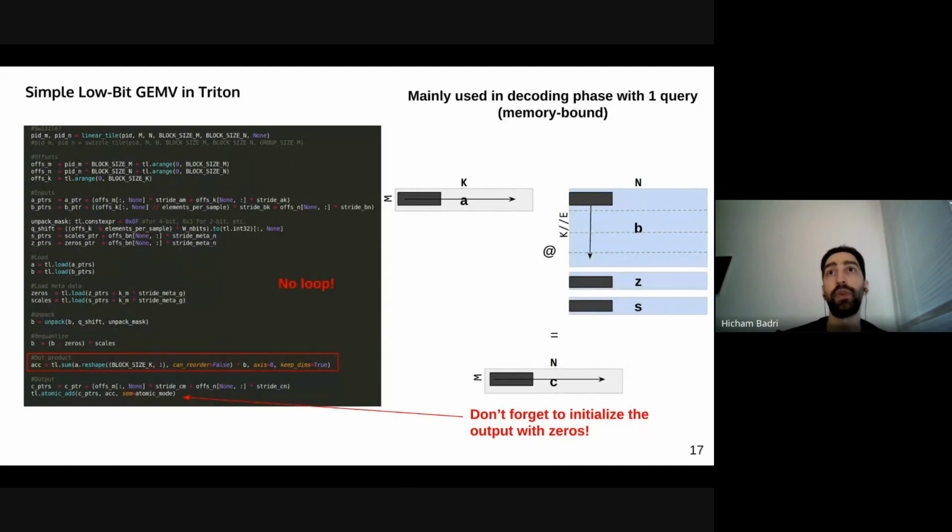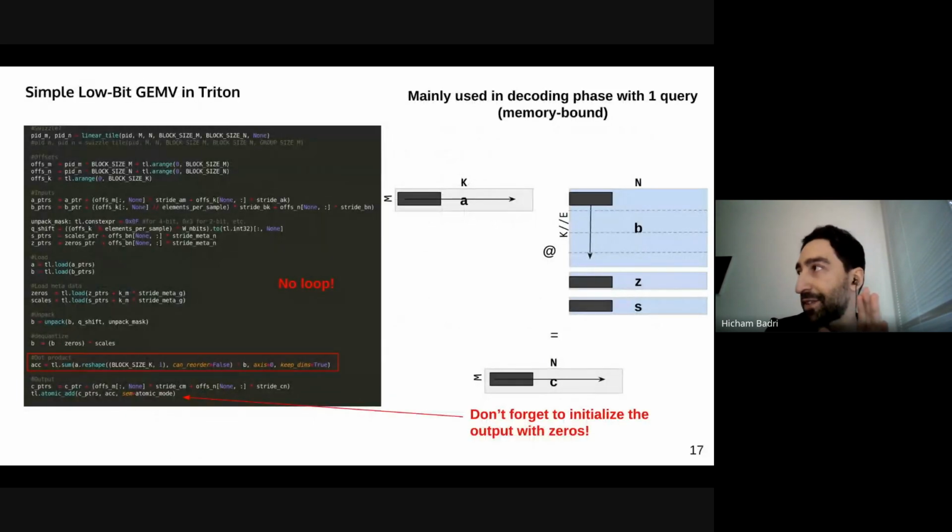So we can launch a bunch of programs, and everyone is just loading a chunk, and then we use atomic addition. Atomic addition, if you're not familiar with it, is basically just accumulating. You initialize your output with zeros, and each program calculates a small chunk and then adds it back with atomic addition. So this is for batch size 1.